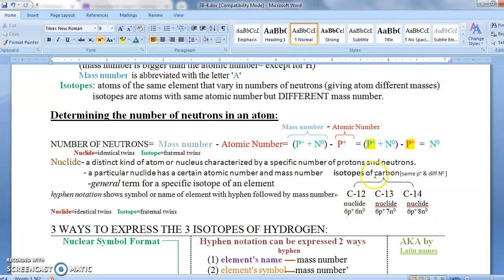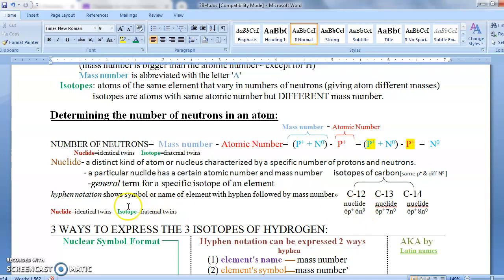The carbon-13 isotope is a nuclide characterized by 6 protons, 7 neutrons. Carbon-14 is the nuclide characterized by 6 protons, 8 neutrons. So these are the isotopes of carbon. Each of the isotopes is a specific nuclide.